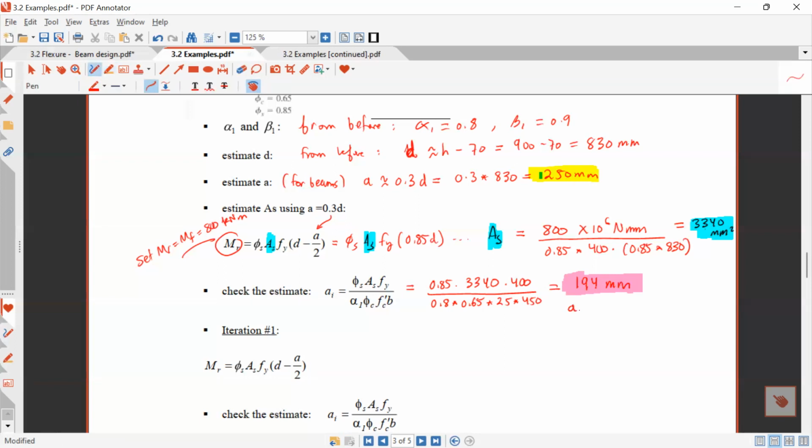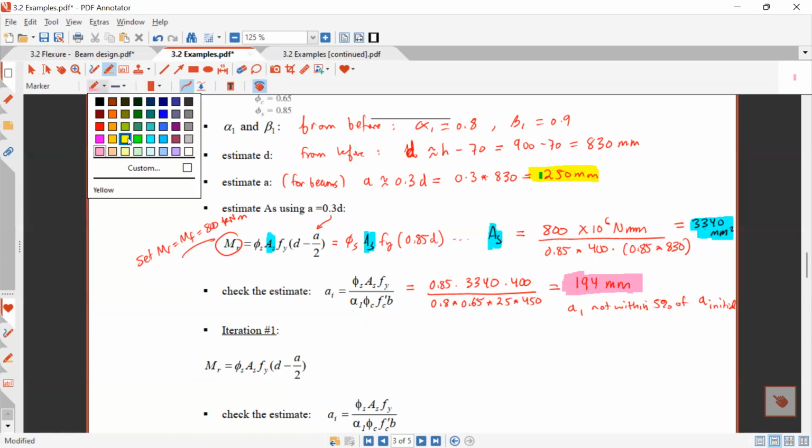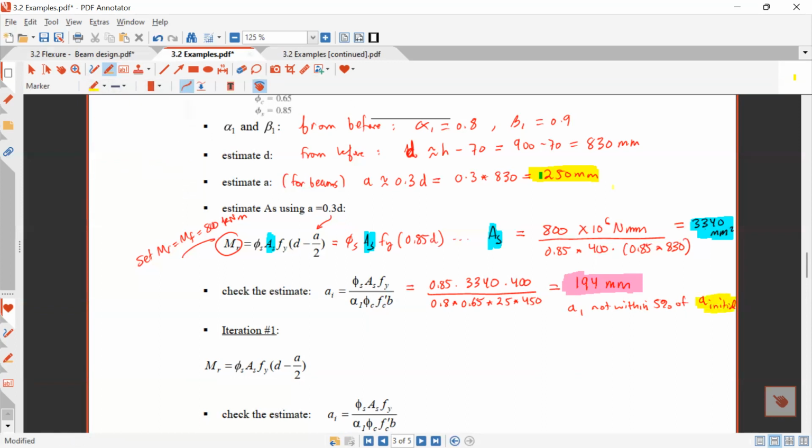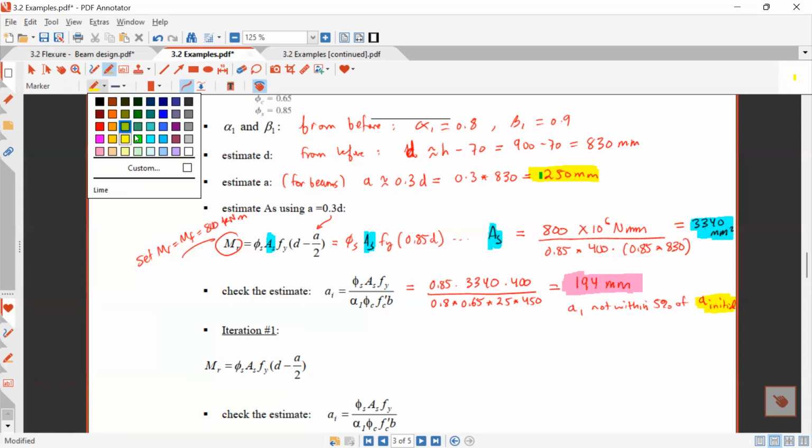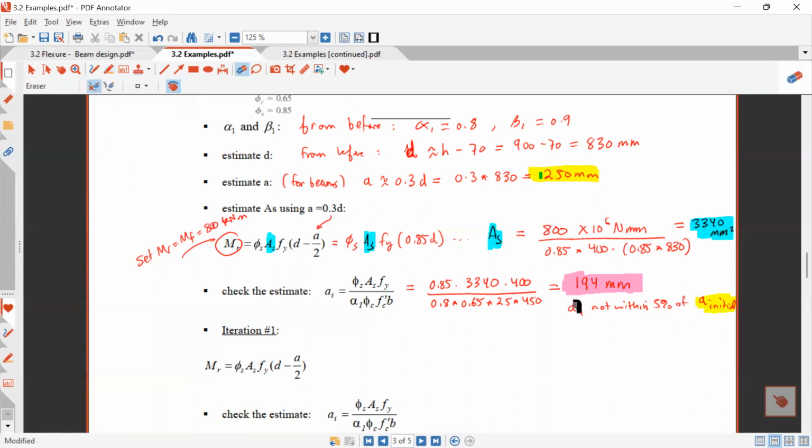So I can see A1 is not within 5% of A initial. A initial is this one here, that 250 millimeter, and the one we just calculated is this one.